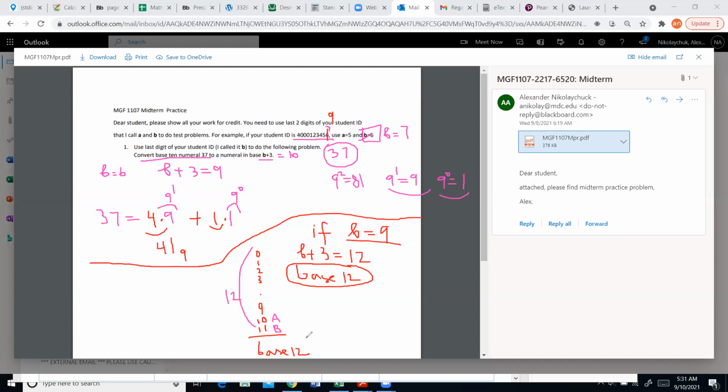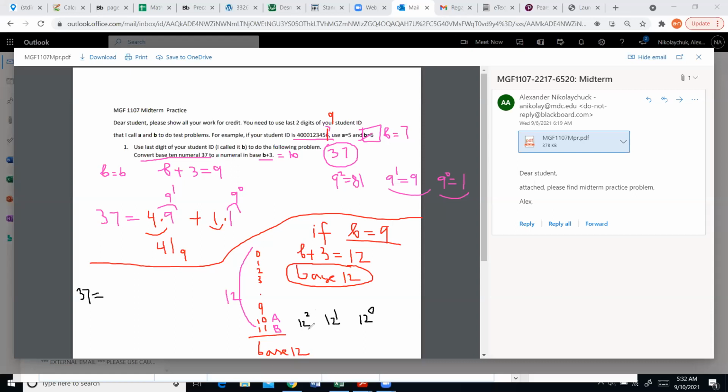Okay, so let me write this number 37, just like we have here, in the base using those digits. These are my digits. Now in base 12, we have 12 to the power of 1, 12 to the power of 0, 12 to the power of 2.